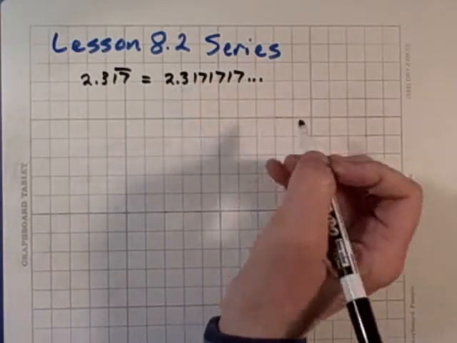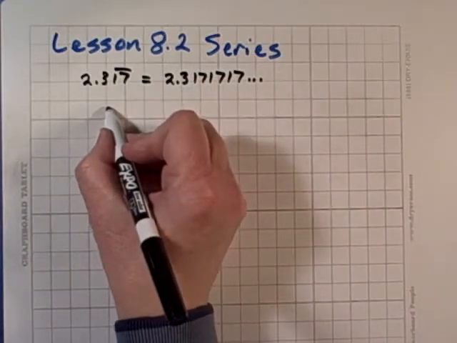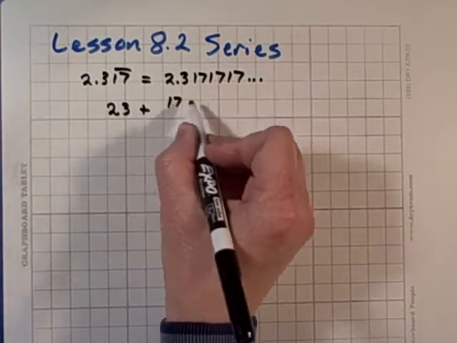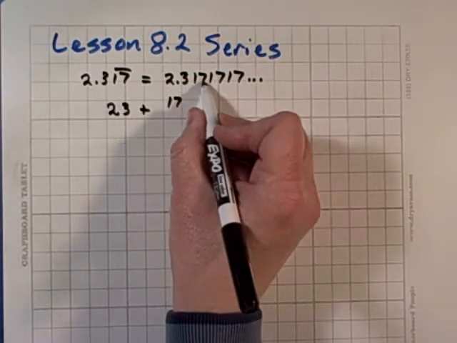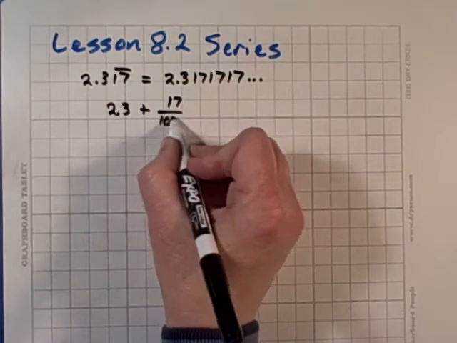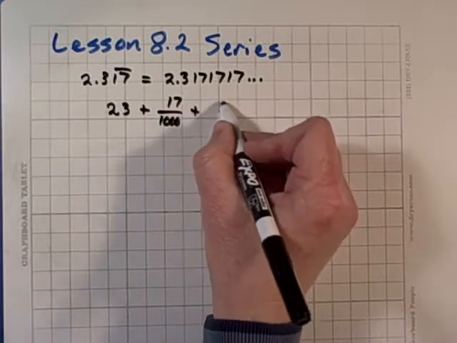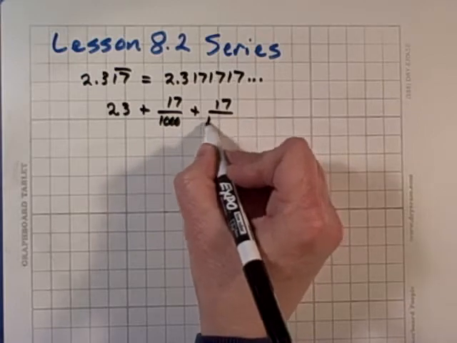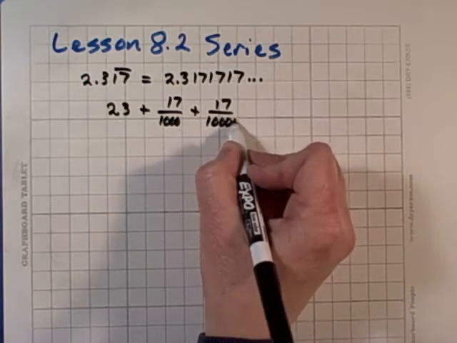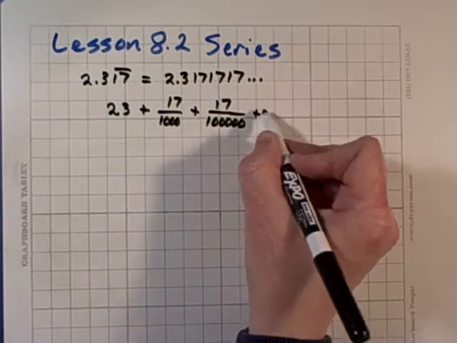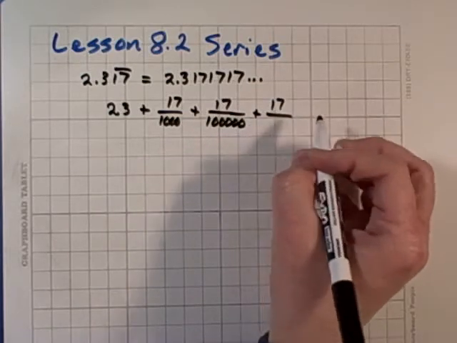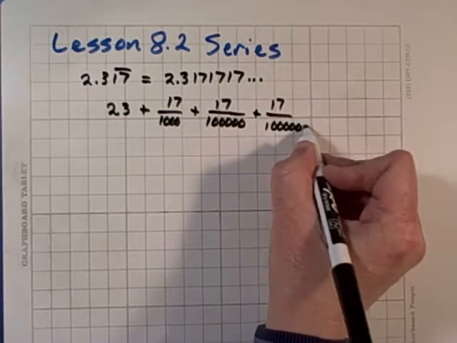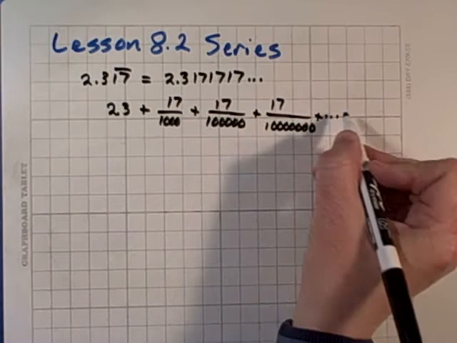Well, that can be rewritten as 2.3 plus 17 over tens, hundreds, thousands, that would be 1,000, and 17 over 1 with 5 zeros, and a 17 over a 1 with 7 zeros, and so on.